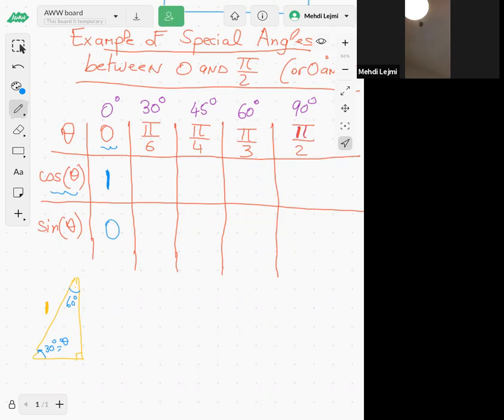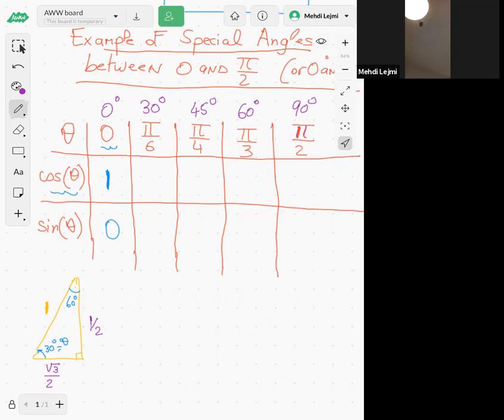My point here, guys, is that if you measure the length of this side here, that will be square root of 3 over 2, right? And if you measure the length of this side here, that will be 1/2.